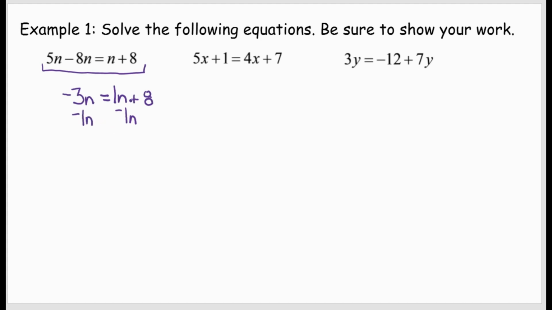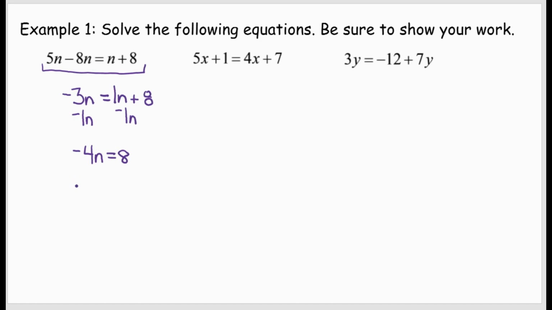Okay, so then in order to get rid of it, I will do the opposite operation. 1n minus 1n cancels out. And now let's calculate what it would be on the left side. Negative 3n minus 1n is negative 4n equals 8 on the right side.